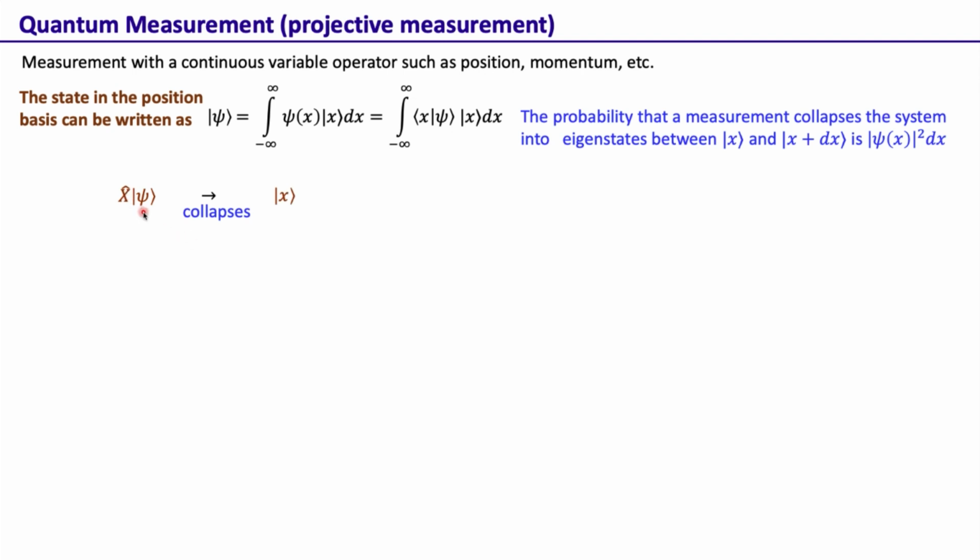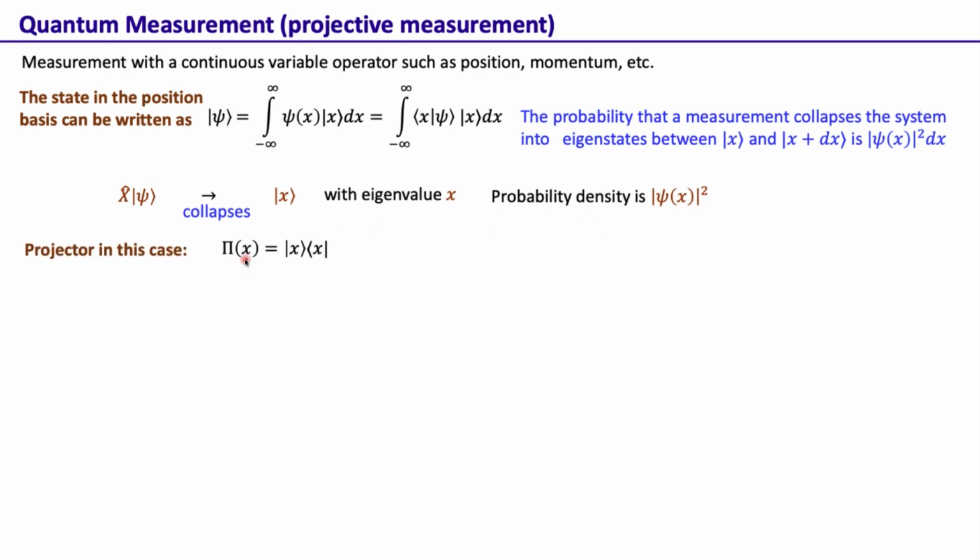Okay, so what happens when this position operator acts on the state ψ? This measurement collapses the system into one of the eigenstates |x⟩ with eigenvalue x, and the associated probability density here is |ψ(x)|². Now the projector in this case we can write as Π_x = |x⟩⟨x|, and we can see this acting on ψ.